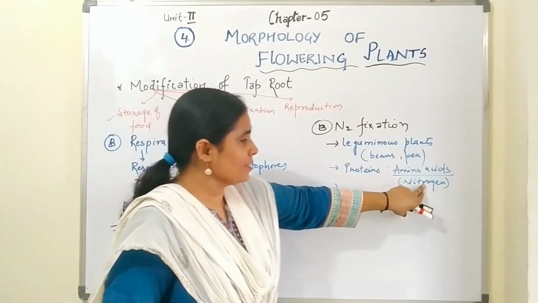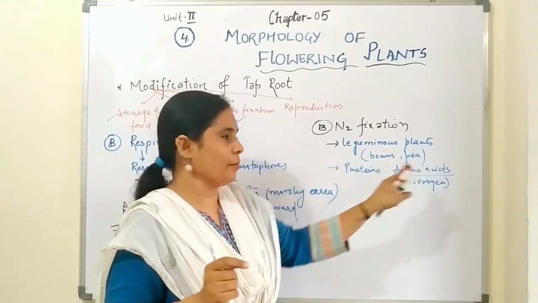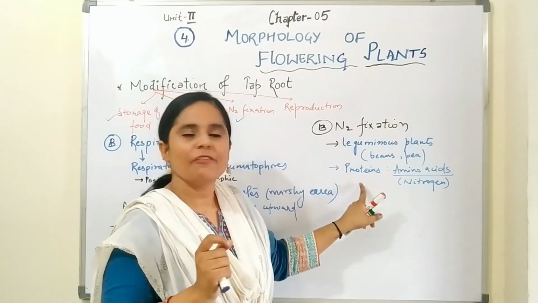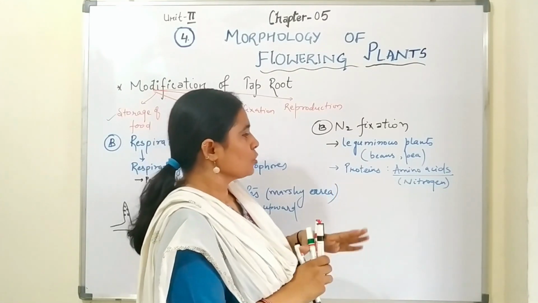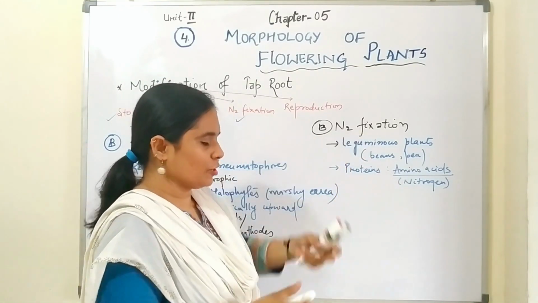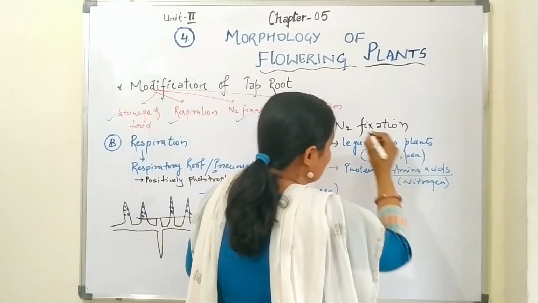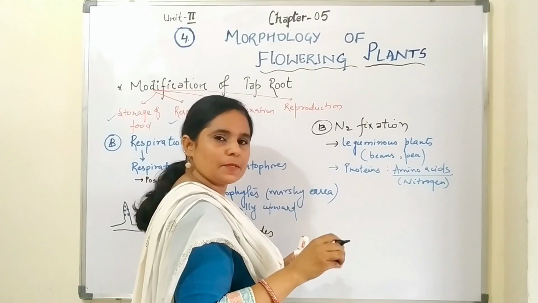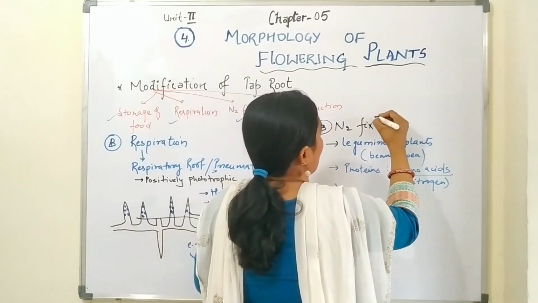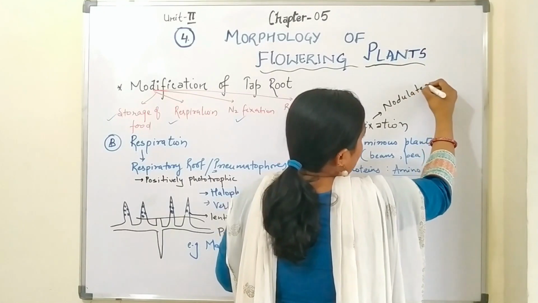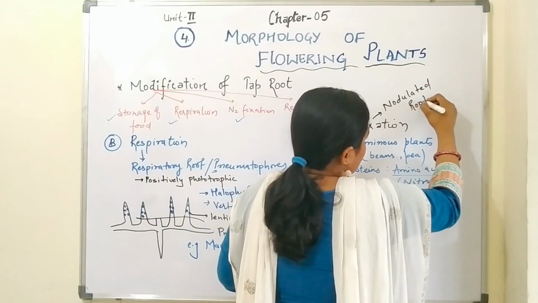So this nitrogen is very important for formation of amino acids, and amino acids are very important for formation of protein. So what happens in nitrogen fixation? The roots which help in nitrogen fixation are called nodulated roots.